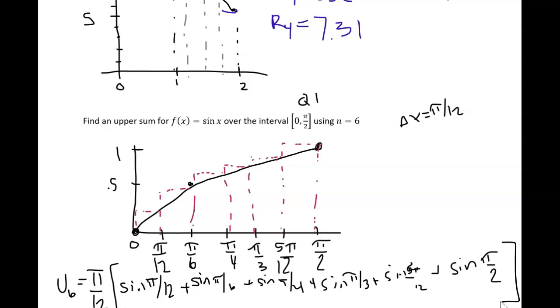Plus sine pi fourths plus sine pi thirds plus 5 pi 12ths. I'm really curious what a Casio, which can express trig functions in exact terms, would make of this answer. And so I'm getting about 1.125 for my overestimate of the area beneath this curve.